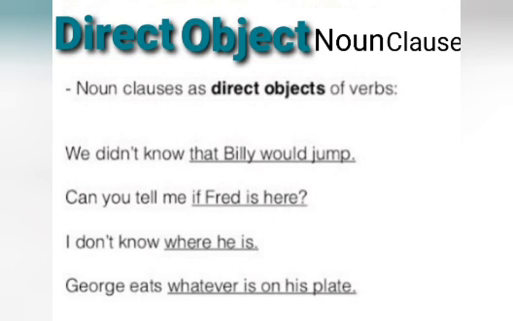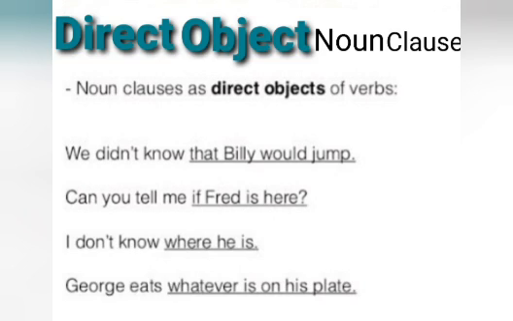Clear? Take another example. Can you tell me if Fred is here? So, as a question, what can I tell you? If Fred is here. Yes? So, that's your noun clause. Now, find out the subject and verbs. So, subject is what?